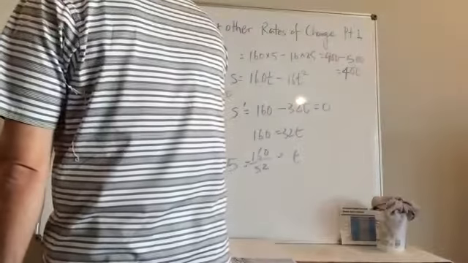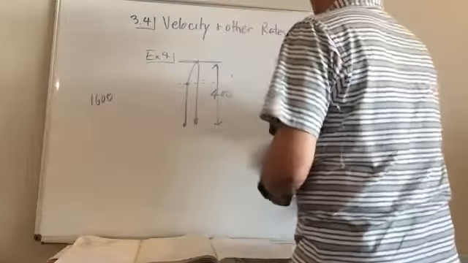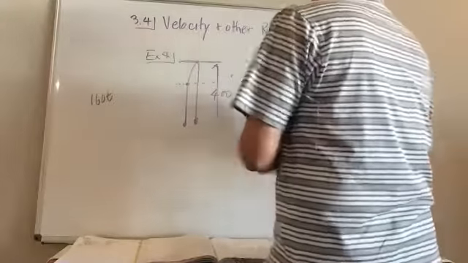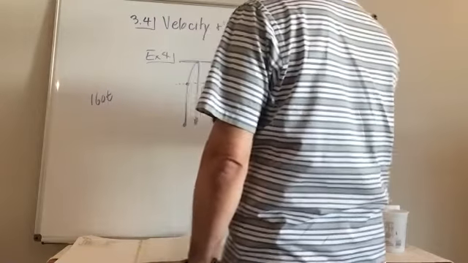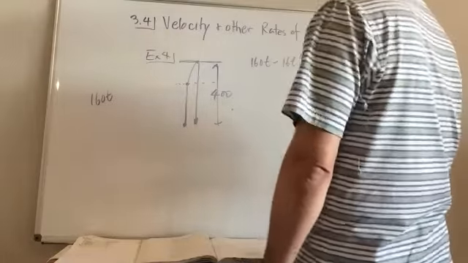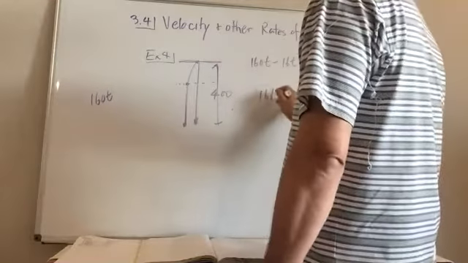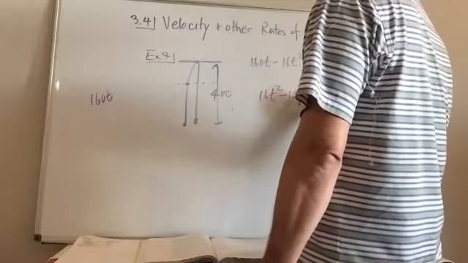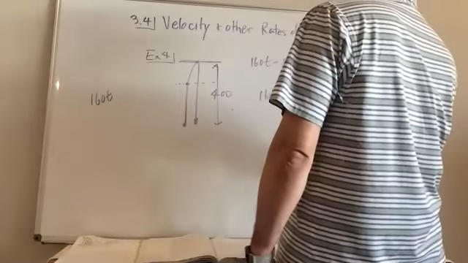So how do I do that? My height is going to be 160t minus 16t squared, and I would set that to 256. If I move them over, I get 16t squared minus 160t plus 256 is equal to 0.